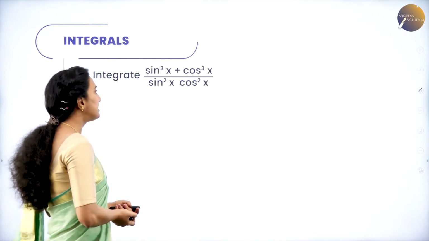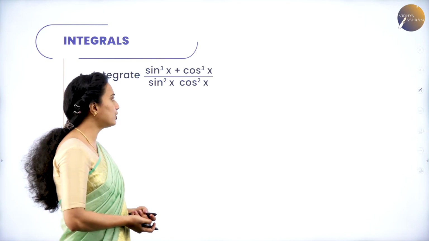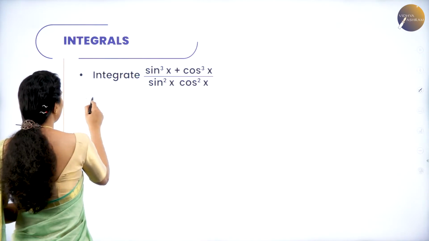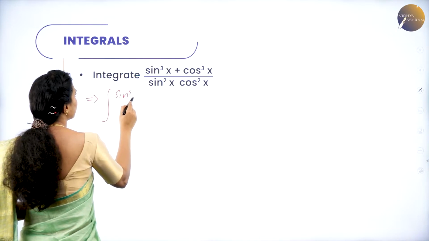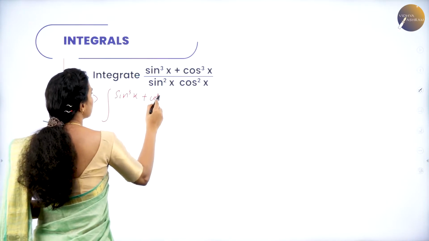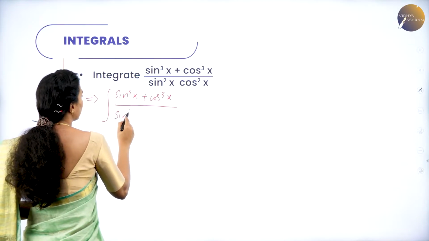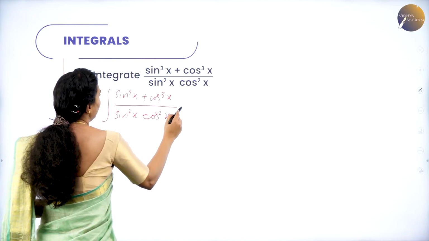What they've asked: (sine cube x plus cos cube x) divided by sine squared x into cos squared x. You need to integrate this one. Now let me write this symbolically first. Integral of (sine cube x plus cos cube x) divided by sine squared x into cos squared x into dx.